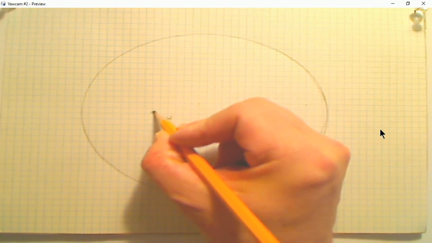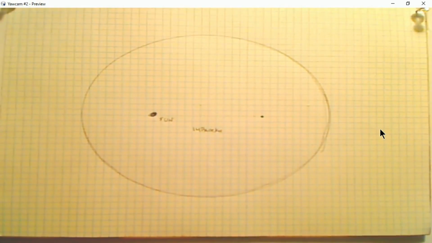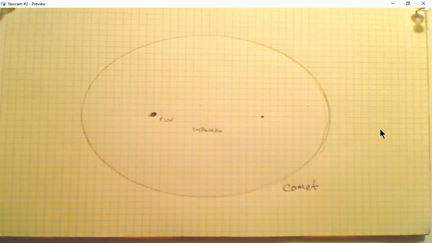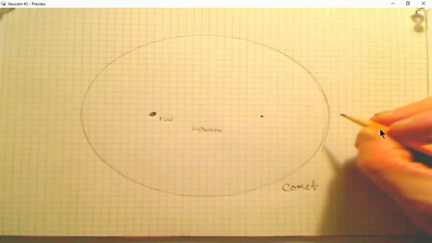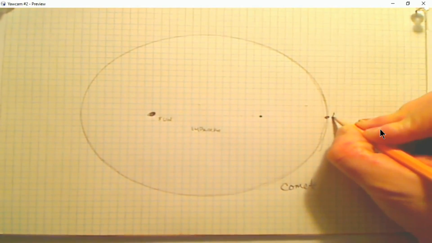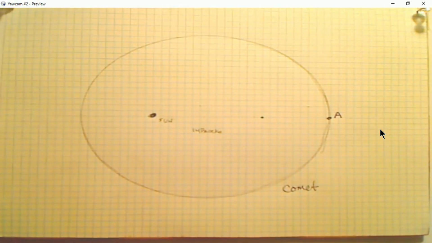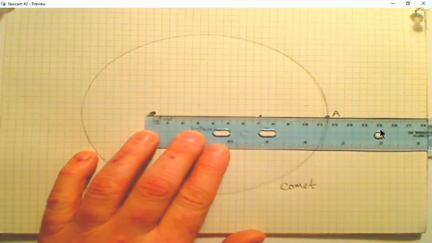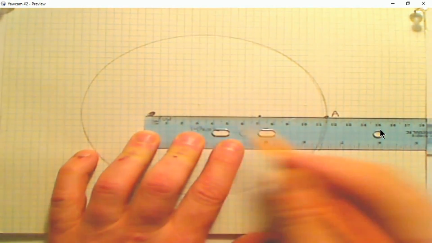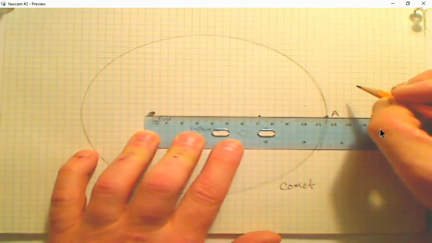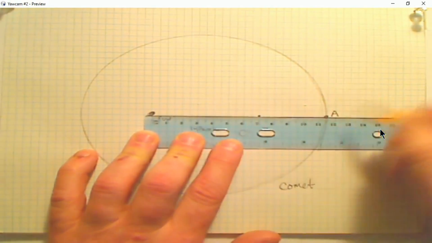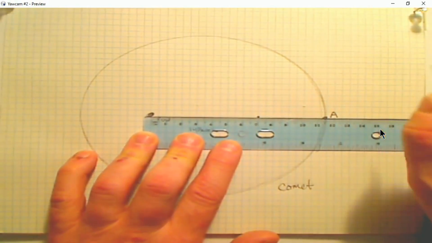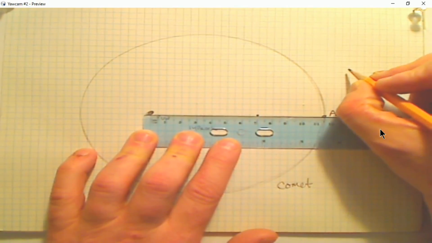And there's our sun right here. And this particular, let's say this is a comet that's going around. Let me take a point here. I'll call this point A. If I measure the distance here, it's 11.5 centimeters, or 11.5 blocks rather, and it is 23 blocks.